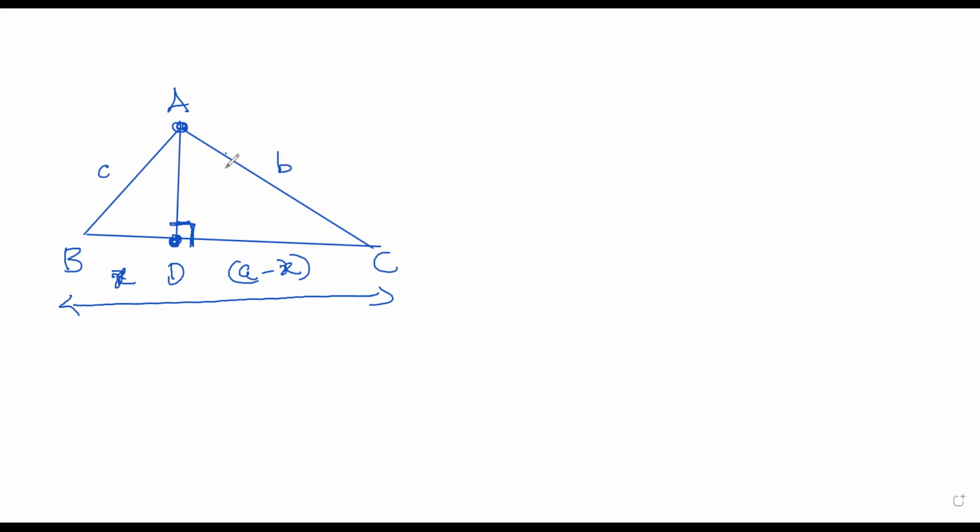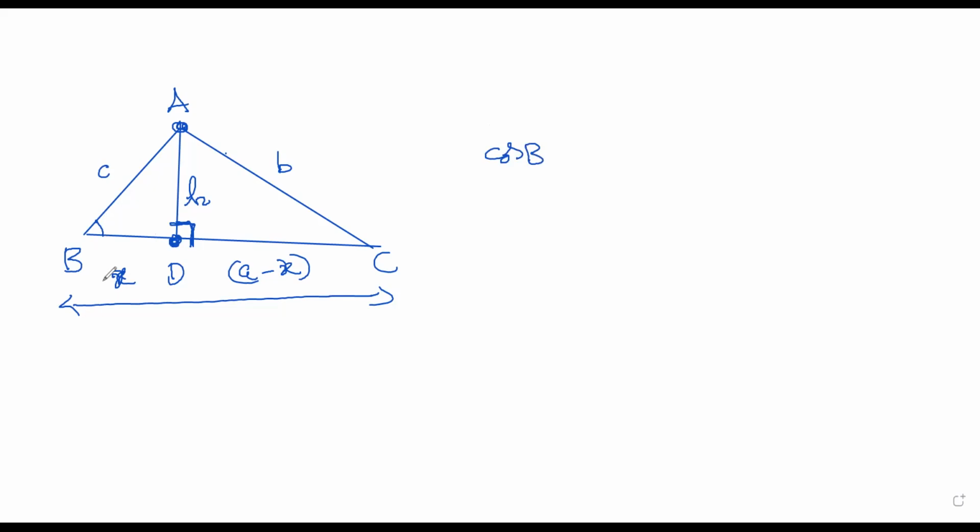Now let us say this AD length, the perpendicular, is of height h. That's how we start, and now let us write the equations. It's pretty simple actually, not that difficult. First I'll find cos B. What would be cos B from this figure?